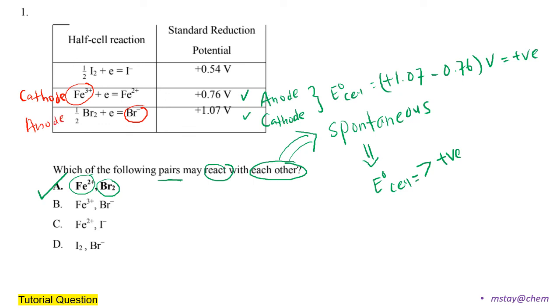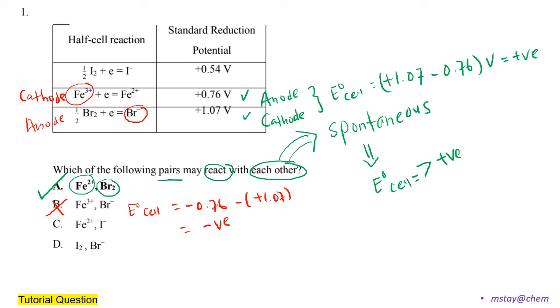So the cathode is negative 0.76, minus positive 1.07. Basically, we know that we will get a negative value. So pair B cannot react with each other.